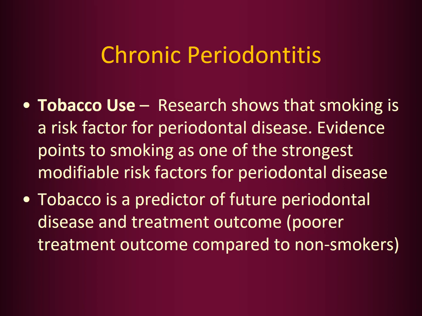Tobacco is a predictor of future periodontal disease and treatment outcome, meaning there are poorer treatment outcomes among people who smoke. Periodontal scaling and root planing and surgical therapy all have a more negative outcome among smokers compared to non-smokers.